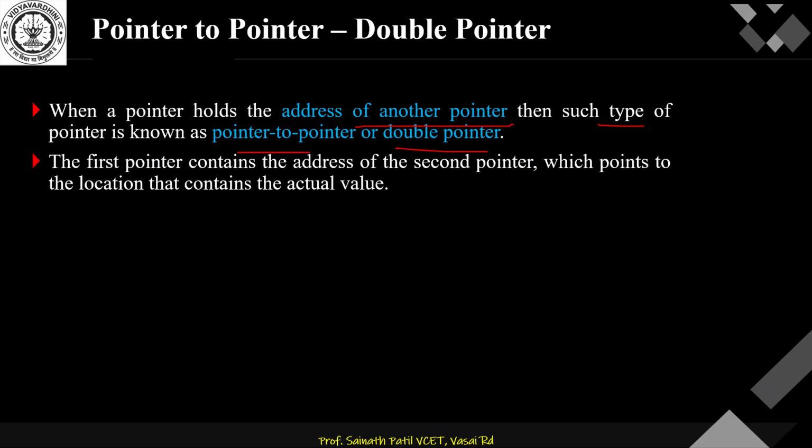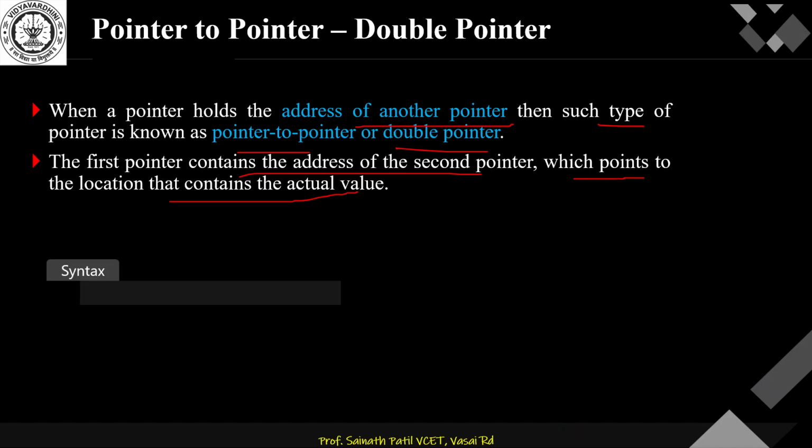In this case, the first pointer contains the address of the second pointer, and the second pointer points to the location that contains the actual value.